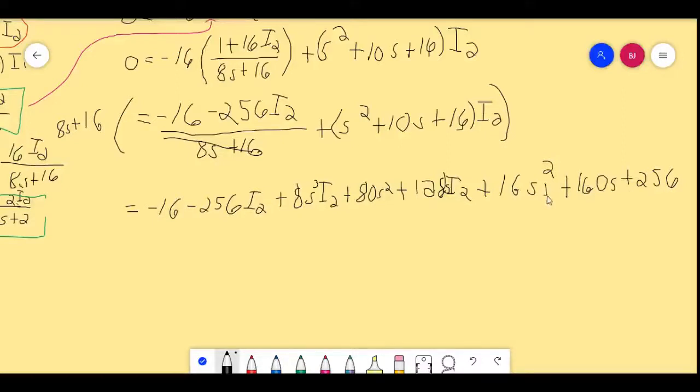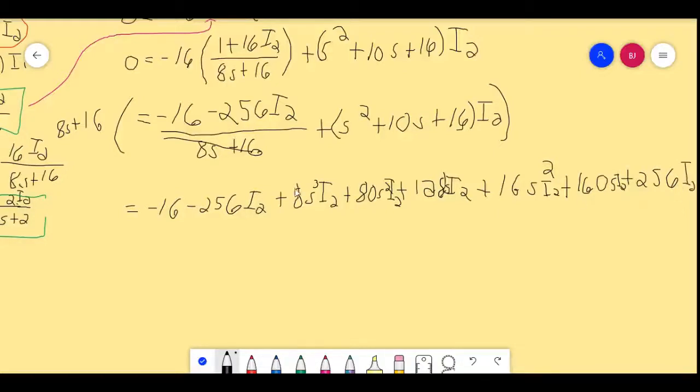I forgot to put the I2, because I need to distribute this. Let me just recheck. 8s times s squared is 8s cubed. 8s times 10s is 80s squared. 8s times 16 is 128s I2. So 16s squared I2, 160s I2, and 256 I2.